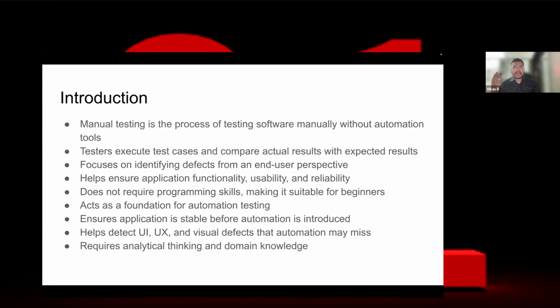Okay, so I'll give you a quick example. Those who have been through a website called Airbnb, most of you are already aware of Airbnb. If you see the UX and UI of Airbnb, it is very smooth.